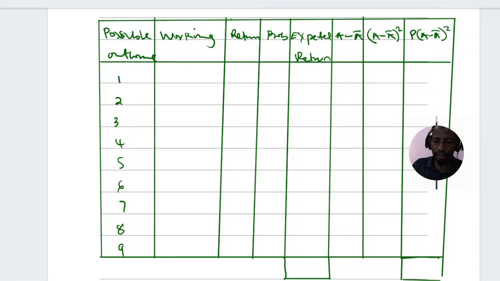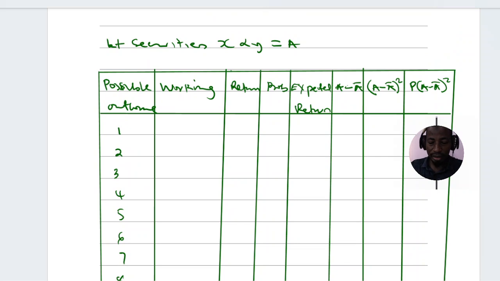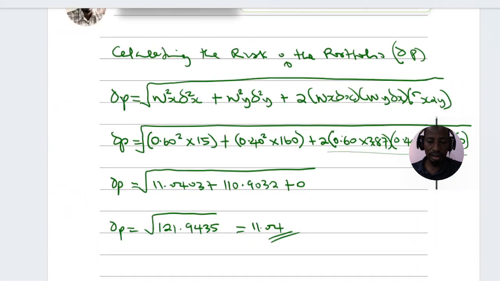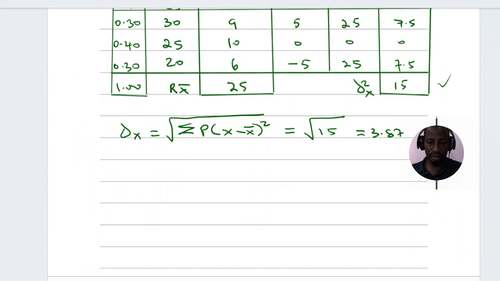So, like I said, instead of having security X and Y, we have represented with A. So here is return. So what we need to do now is to keep the return of one security constant and vary the other securities return. So we're investing 60% on security X multiplied by the return of security X. The return of security X, the first one is 30.